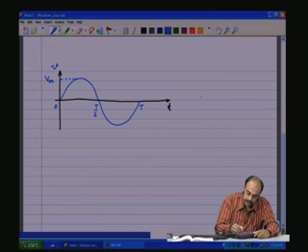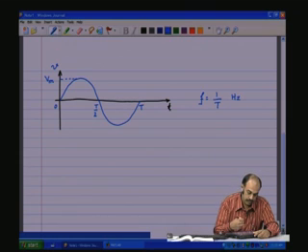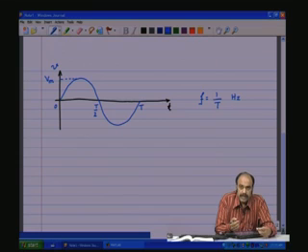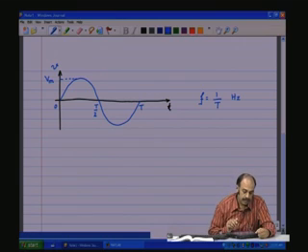And the frequency f equals 1 by T hertz. Now, we would like to draw some conclusions about this waveform in terms of its average value and a few other characteristic values of this particular waveform.